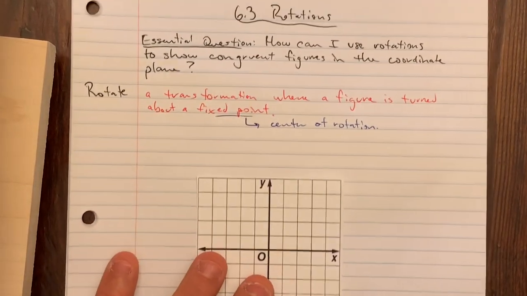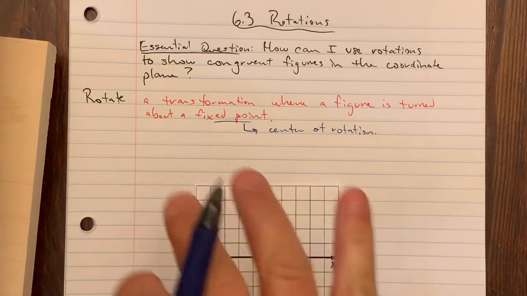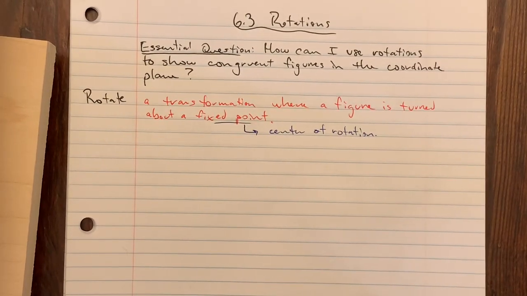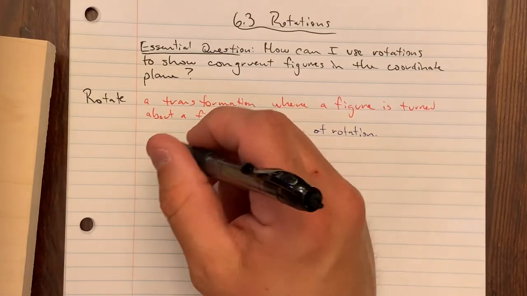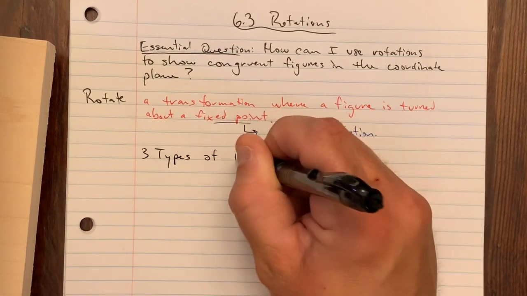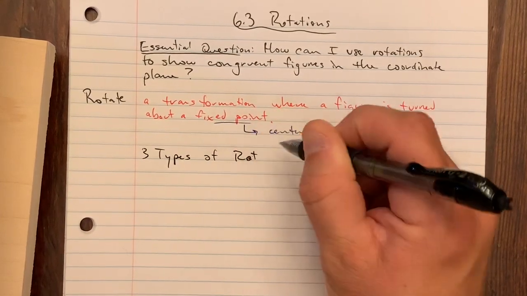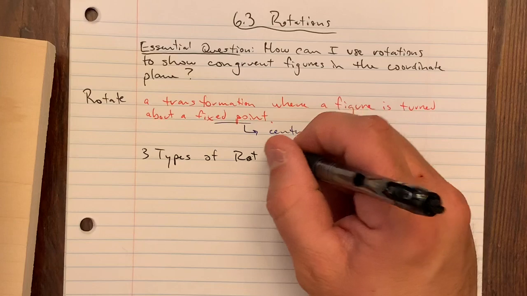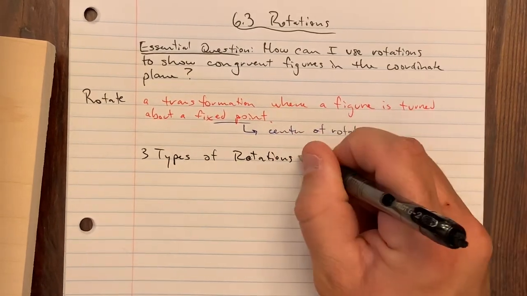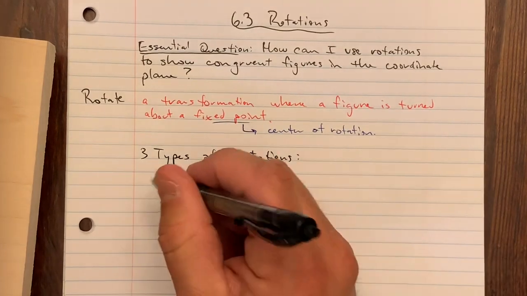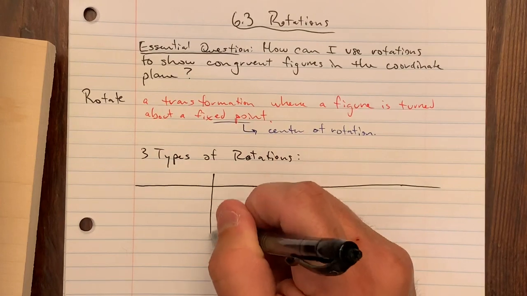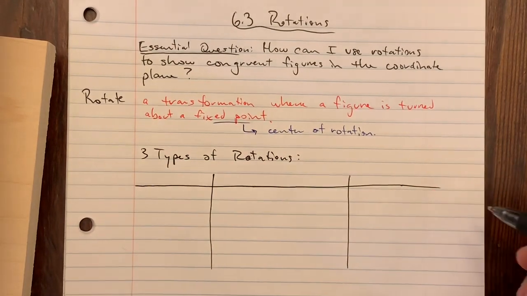But I have three different ways in which I can rotate. Three mathematical ways. So we're going to create a little bit of a table. Let's put three types of rotations. Rotations, not ratations. I'm just going to make a little 3-column table here.